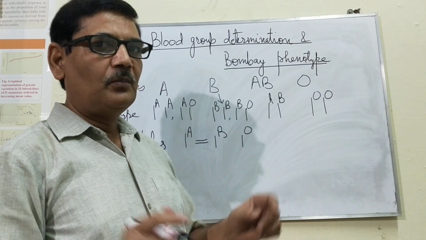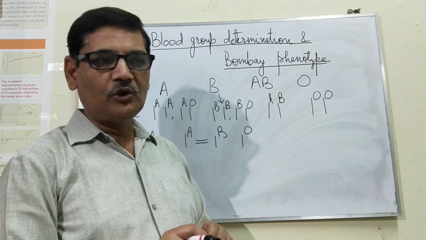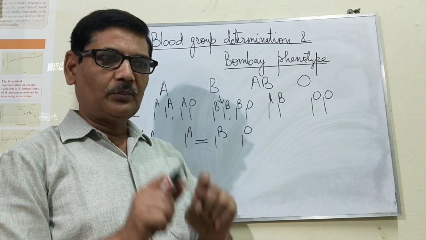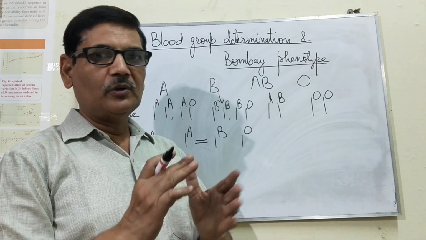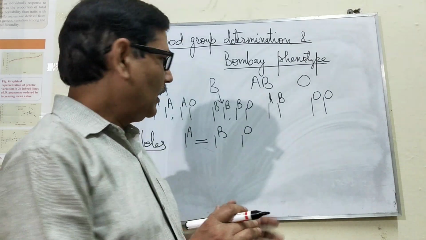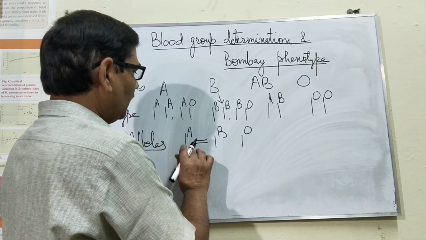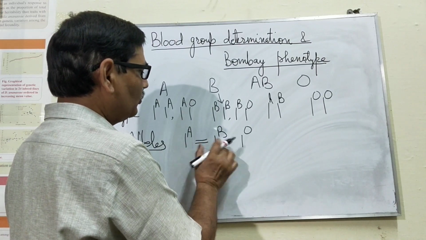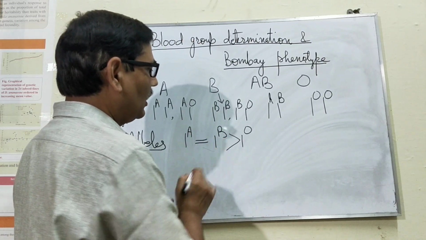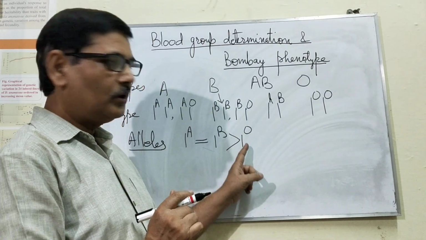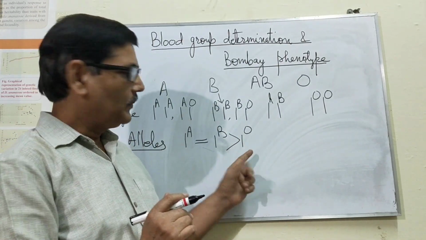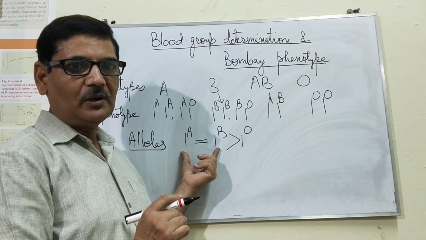Co-dominant means if both alleles are present in an individual, then both will be expressed and individual's blood group will be AB. But A as well as B, these 2 alleles are dominant over IO. So IO is a recessive type of allele, whereas these 2 show codominance.